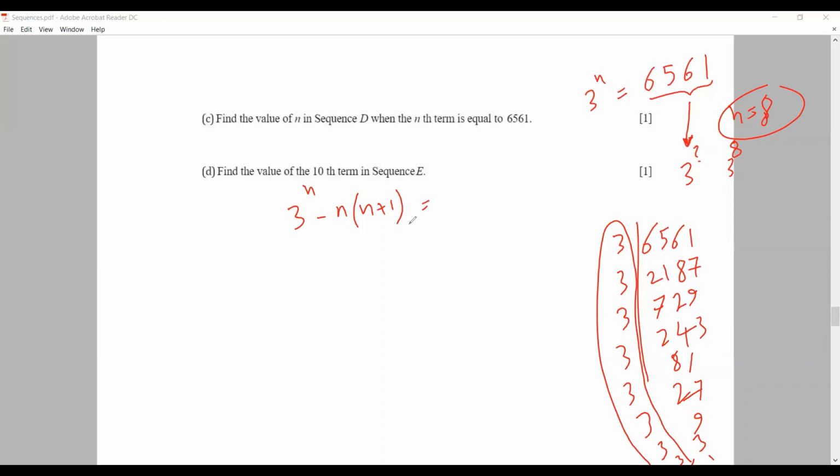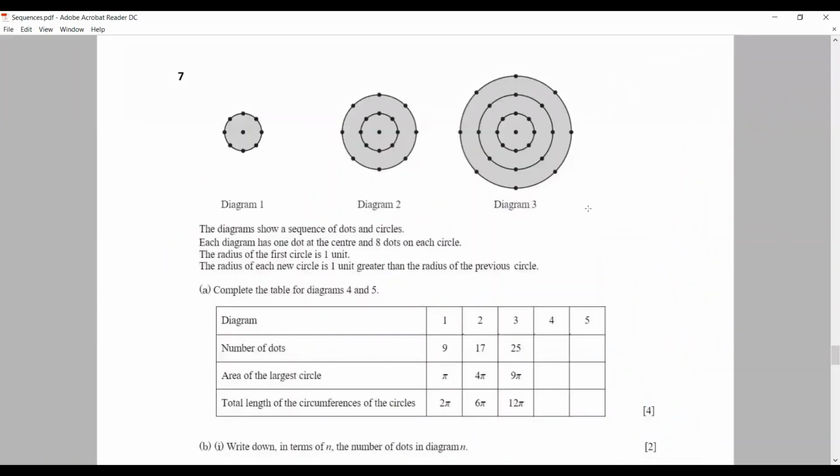So when n is 10, this is 3 raised to the power of 10 minus 10 times 11. 3 raised to the power of 10 is 59,049, and if you subtract 110 from it, you get 58,939, right?